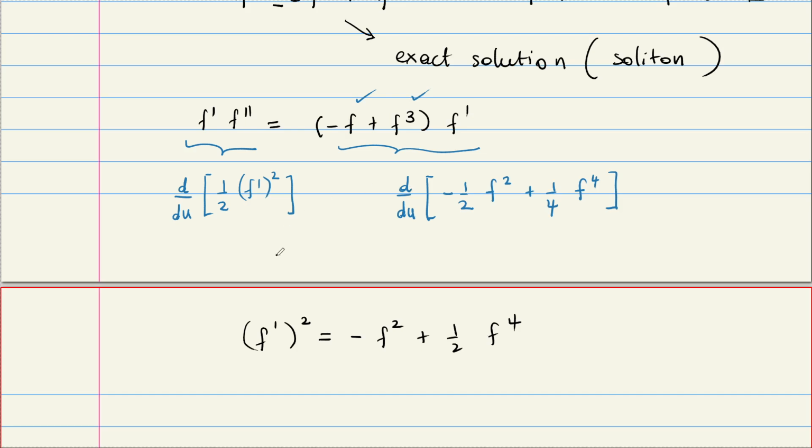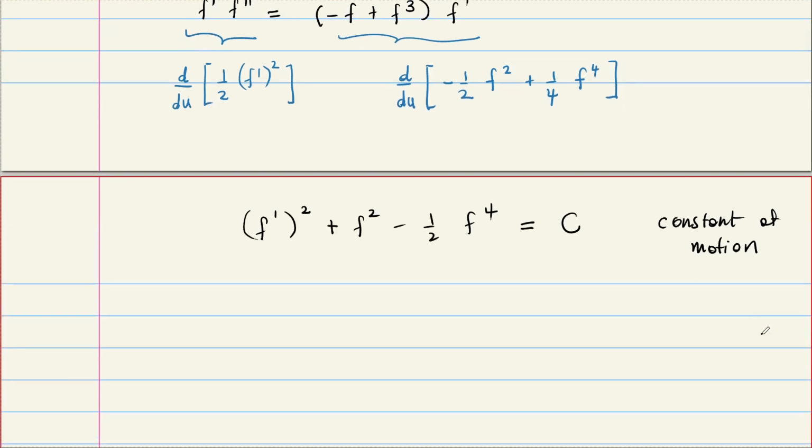Or I can put this plus, put this minus, and this thing is a constant. Right? I integrate both sides. This is, if you want, an integral of motion or constant of motion.